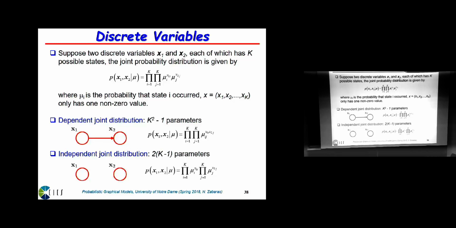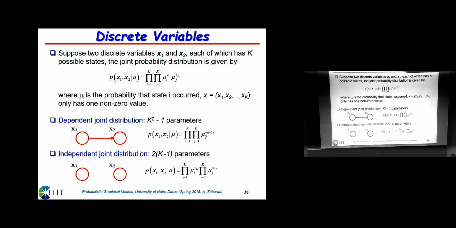Why 1? Because when I sum all the possible probabilities of the different states, the sum has to be equal to 1. It's part of the normalization. So k squared minus 1.